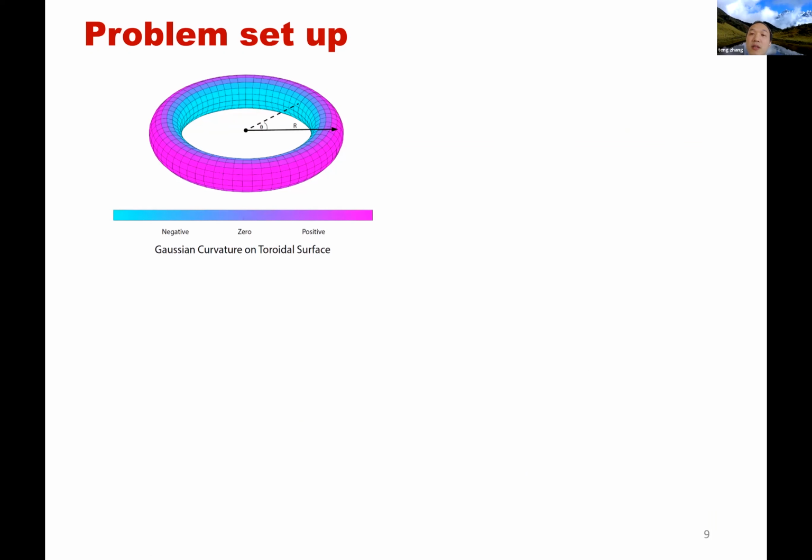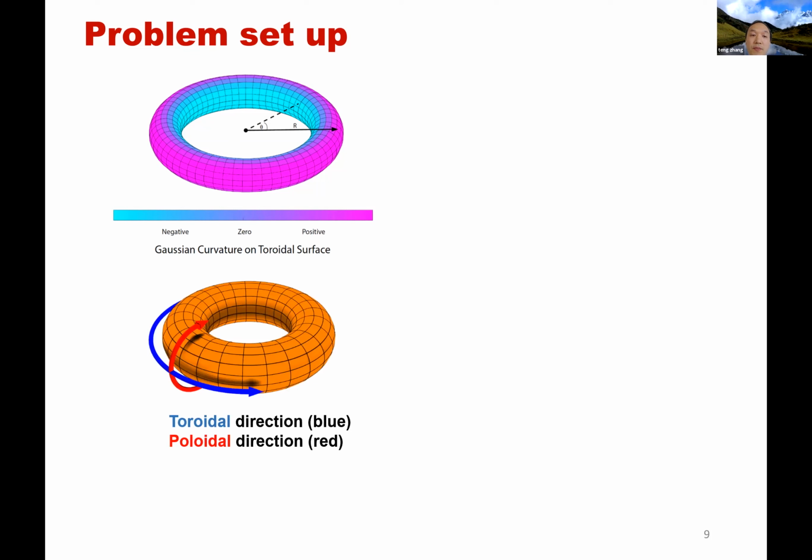Now I wanted to introduce the problem setup. I said that we first wanted to understand embryo development, like the pattern formation. The shape is similar to a torus, so we choose to simulate a torus wrinkle. For a torus, you have two directions, this blue and this red direction.